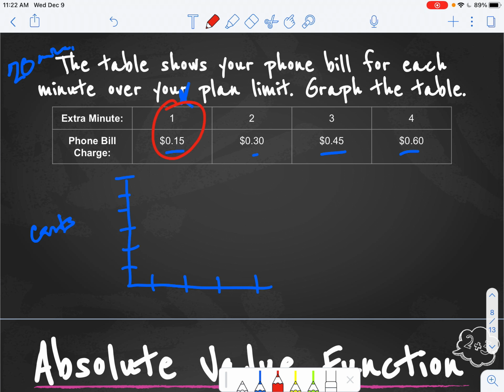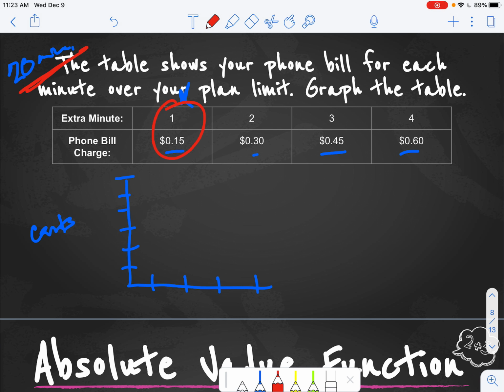Now if we look just here at 1 and 15 cents, and this would be another question I would ask in class, if you go 25 seconds over your 20-minute max, then how much would you pay?